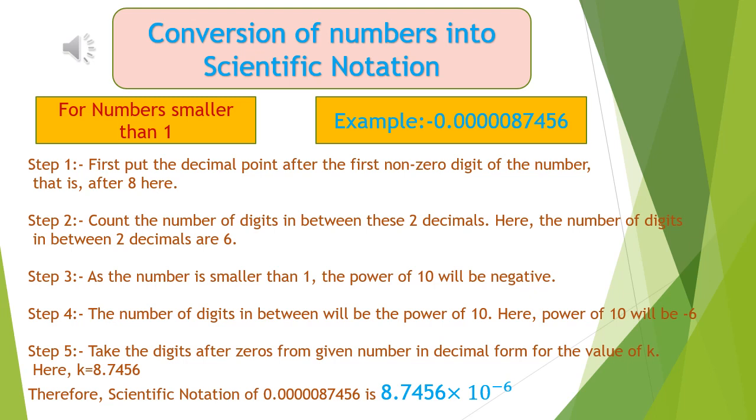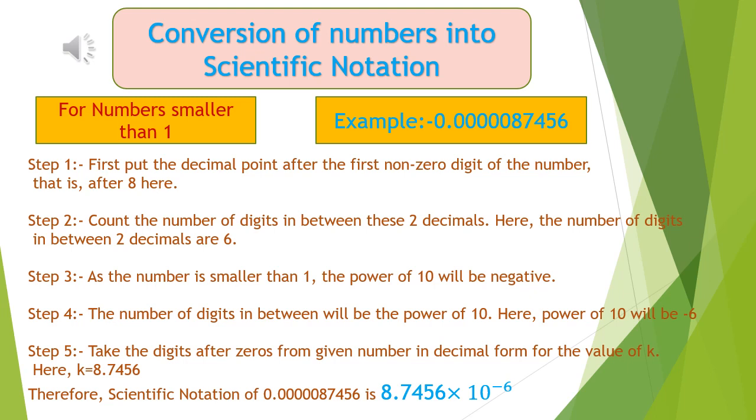So for another decimal, what will you do according to step number one? Step number one is first put the decimal point after the first non-zero digit of the number. Non-zero digits are 8, 7, 4, 5, 6. First non-zero digit is 8. So you will put decimal after 8.